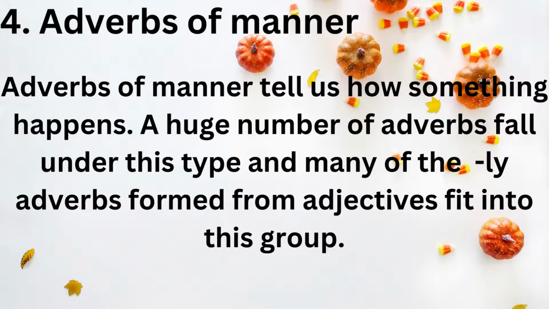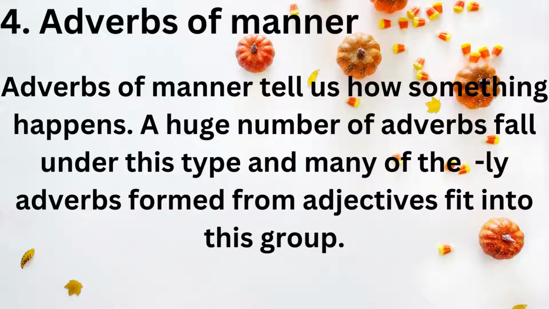Now there is a fourth type, and it is the adverb of manner. We also need to know what the word manner means. Manner means how something happens. So the proper definition is: adverbs of manner tell us how something happens.